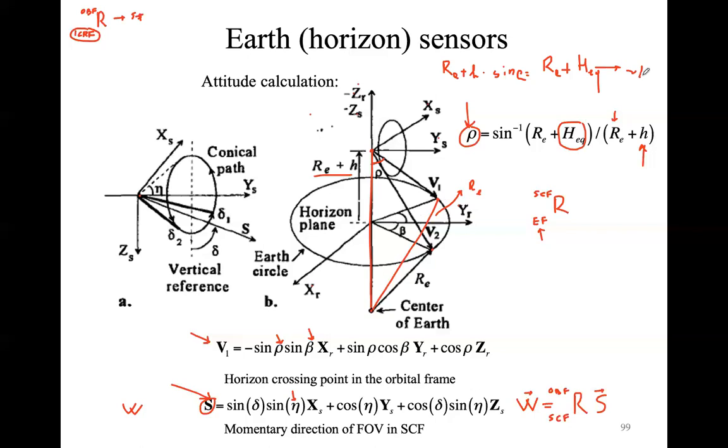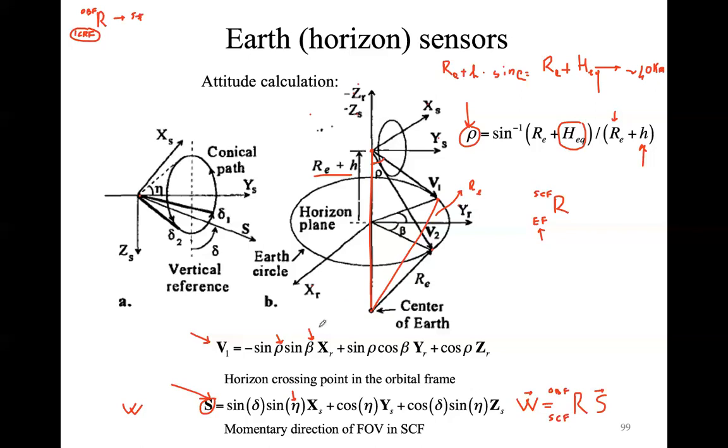It means that what you are measuring is the Earth horizon in the infrared emission, which, as I said, depends on the absorption of CO2. This equivalent height is almost equal to 40 kilometers. So if you invert this, you see that rho is only dependent on the altitude.